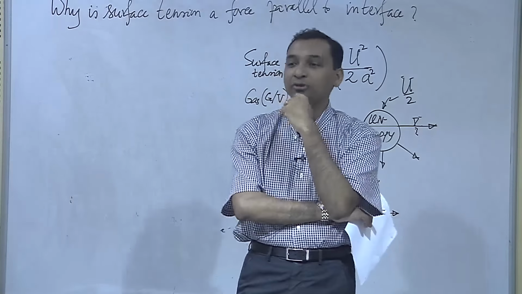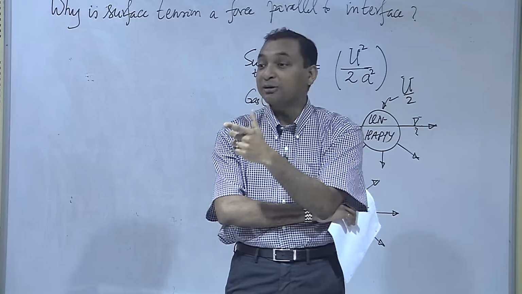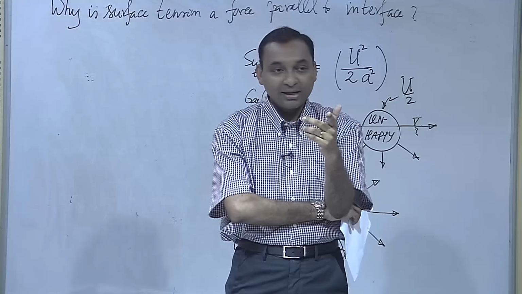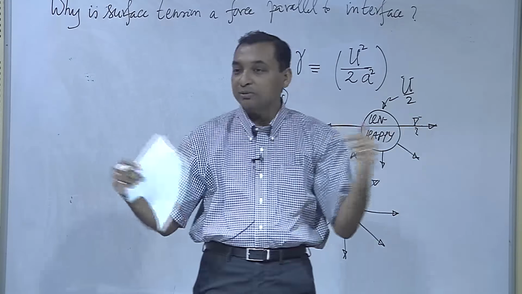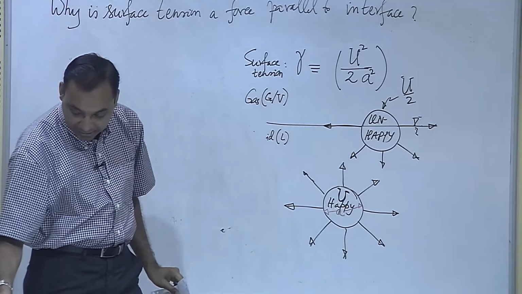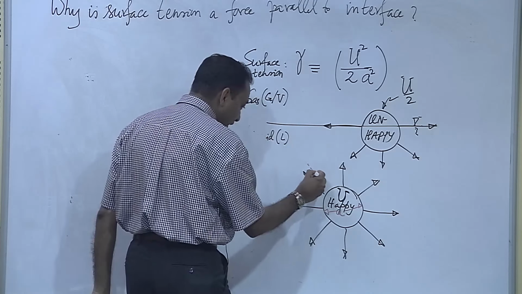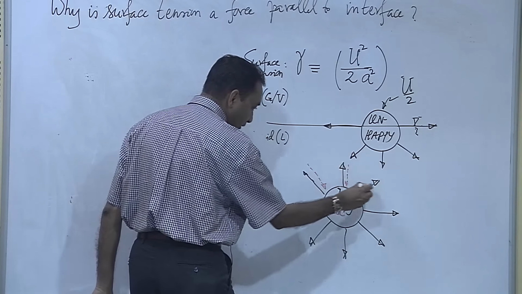So what did you draw in that control volume? Pressure force. So what is that pressure force? It is a repulsive force because it was acting in the opposite direction. So within the bulk, you have a repulsive component, right?